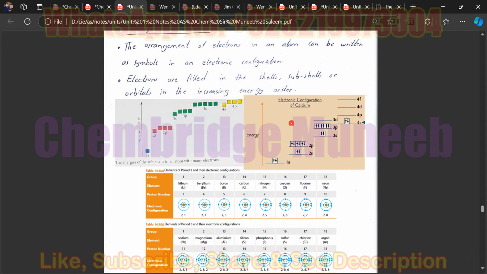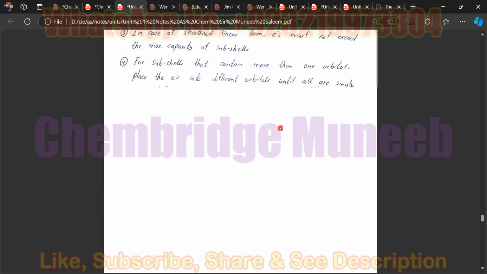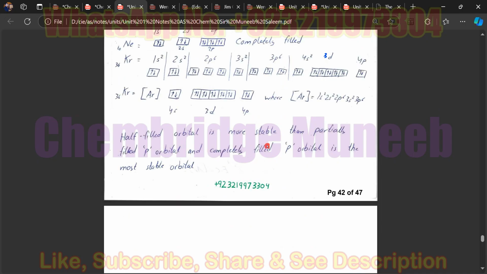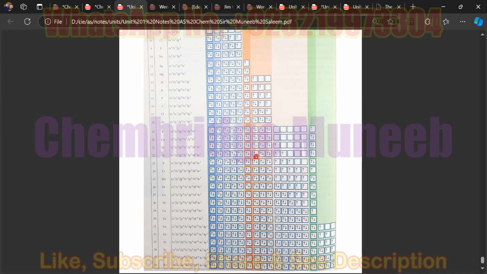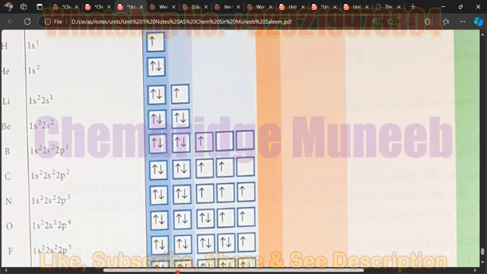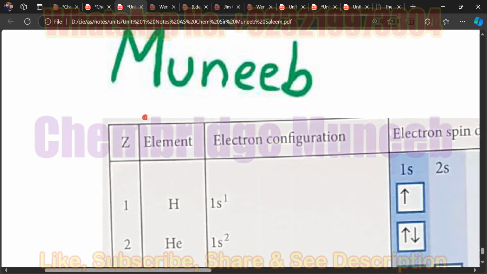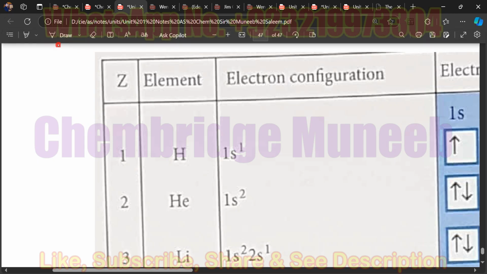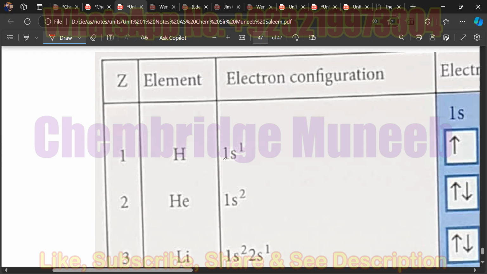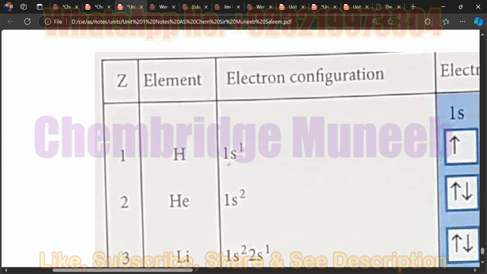From these notes, this is a whole table which represents the electronic fill-up of the elements. Now start from hydrogen first. What is the atomic number of hydrogen? 1, which means it will have only one electron, and since the electronic configuration starts from 1s, 1s has one electron in it.